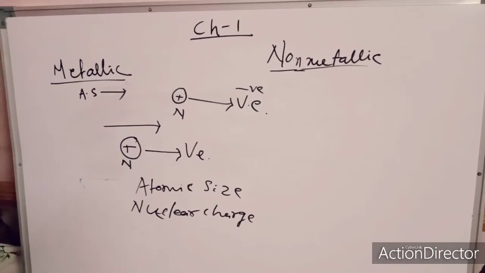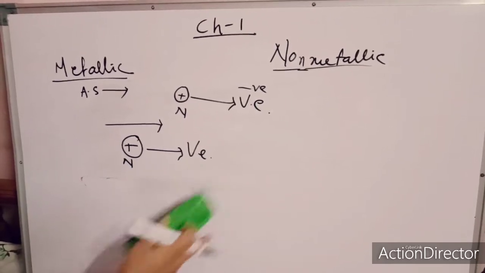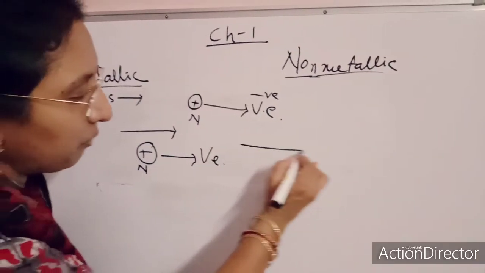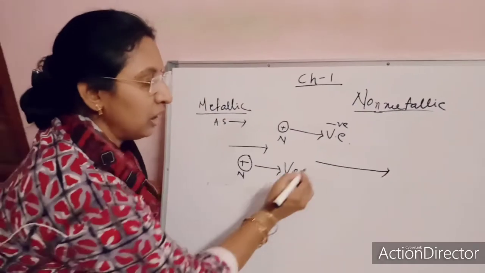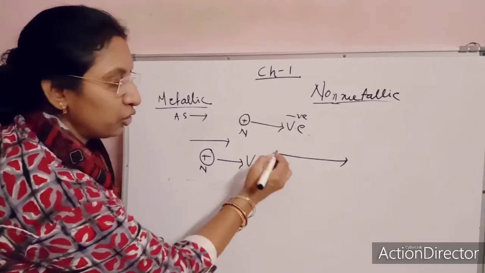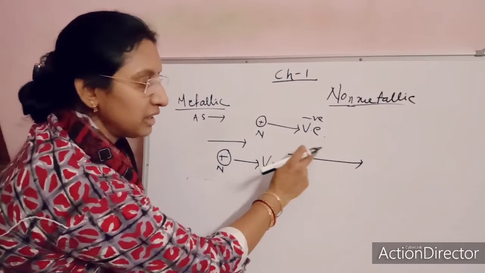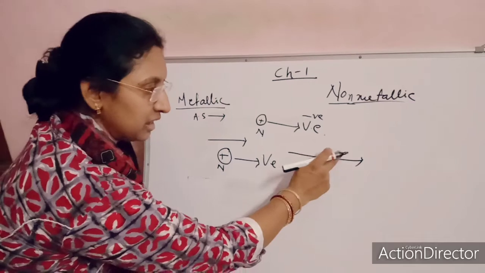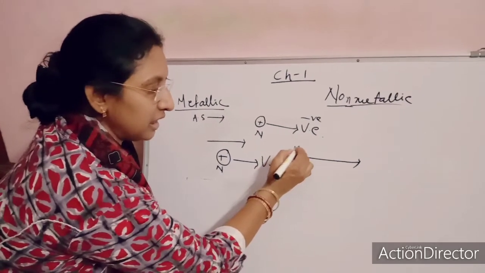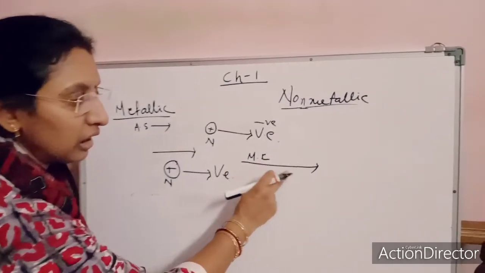So how does this trend go along a period and group? When you are going along a period from left to right in the periodic table, atomic size decreases. Due to atomic size decreasing, the metallic character decreases.